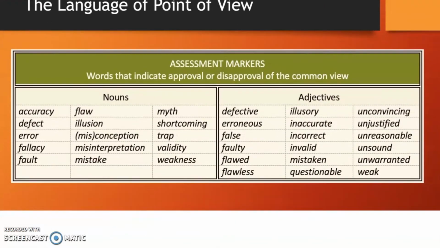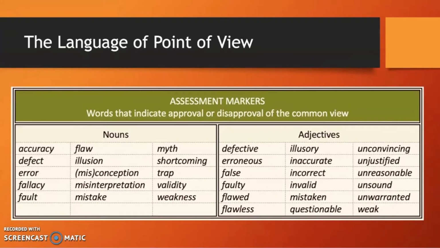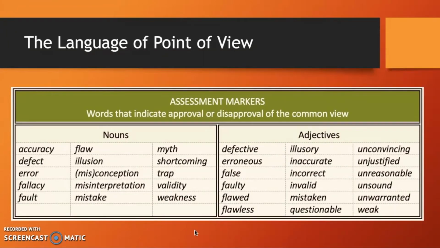Other words that the writer could use while writing are assessment markers. Assessment markers are basically the writer saying whether or not a view is correct, whether or not they agree with a particular view.